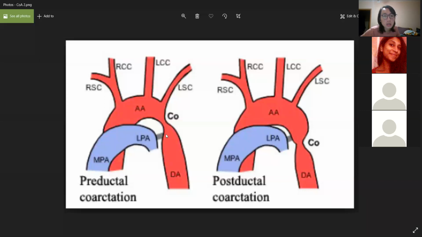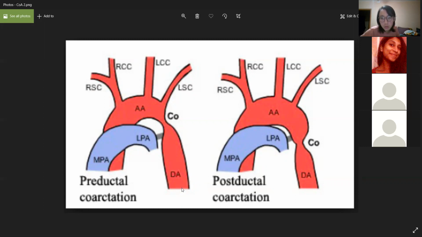So understanding that your duct is present, now your right ventricle will pump blood through the duct, right? And it will supply your descending aorta. It means that in other words, as much as this part is affected, it is still sort of okay because the right ventricle is now perfusing your lower extremities instead of your left ventricle, right?